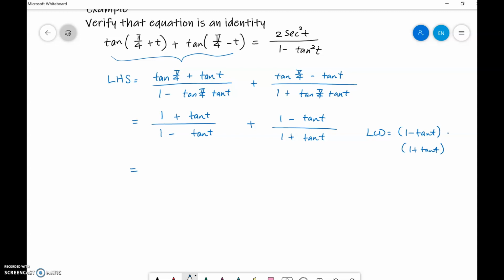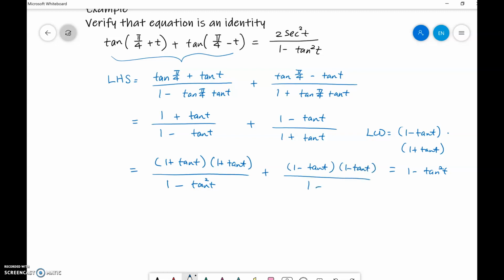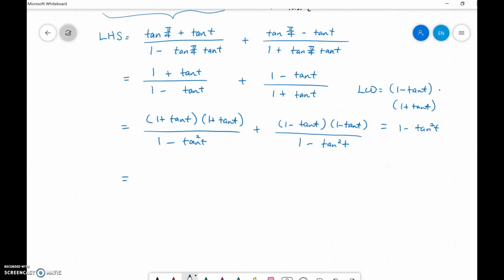On the first term, I need to multiply by 1 plus tangent of t, and the denominator will become 1 minus tangent squared t. The second term is going to be multiplied by 1 minus tangent of t. The denominator is still 1 minus tangent squared of t.